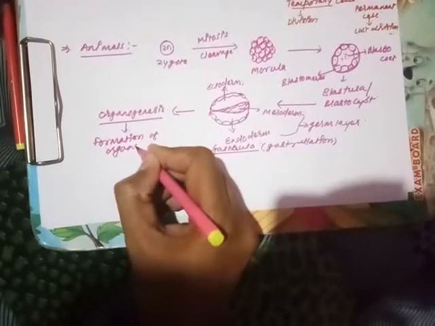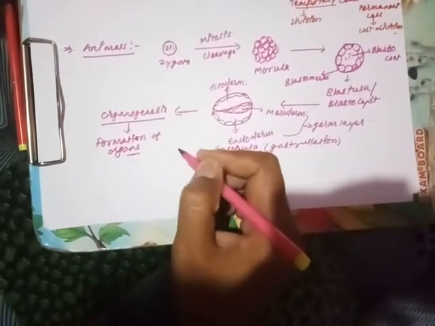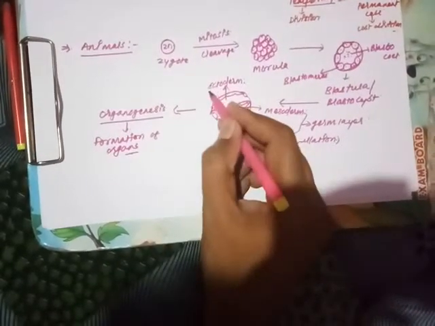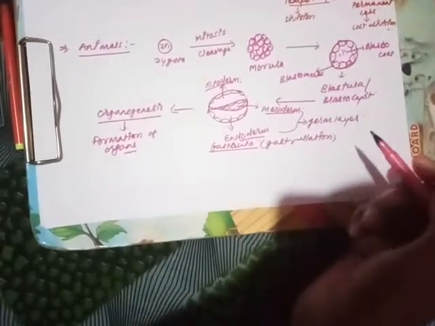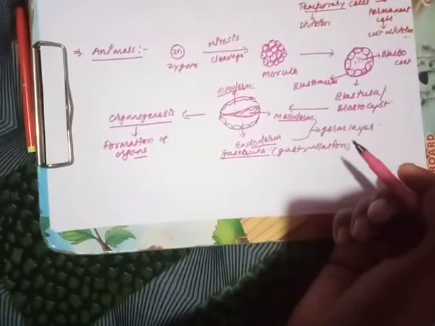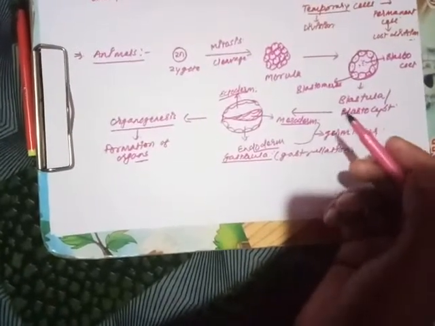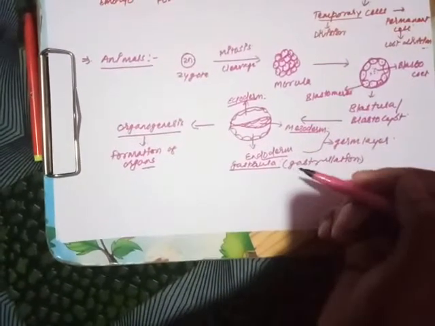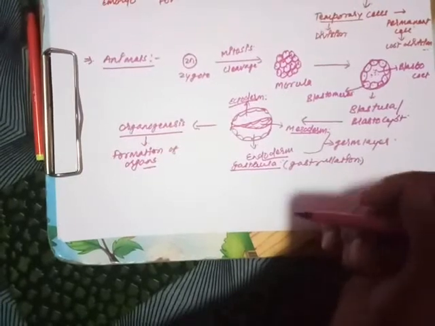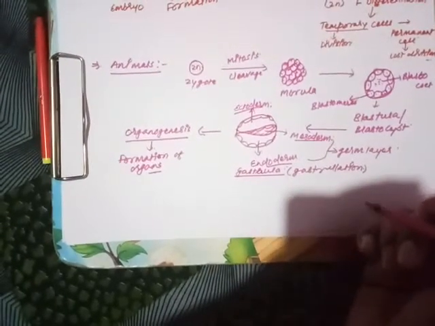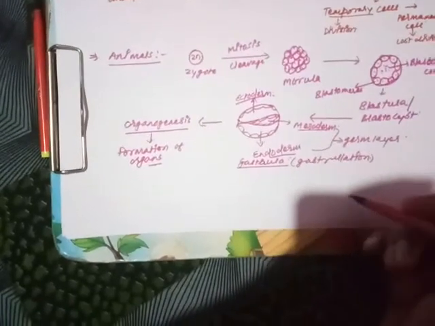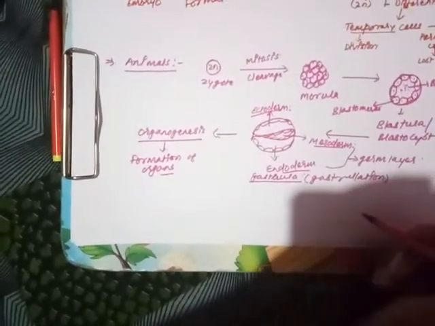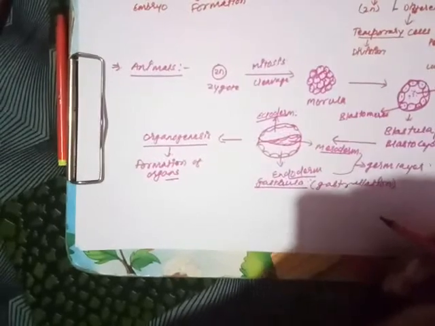The formation of organs is a specific role taken over by the ectoderm, mesoderm and endoderm. The cells of these regions will move toward their organ specific areas and will convert into a particular organ. Like that, if the ectoderm has to give rise to the nervous system, the nervous system will be produced by the ectoderm. If the mesoderm is going to produce the visceral organs, it will produce the visceral structures.